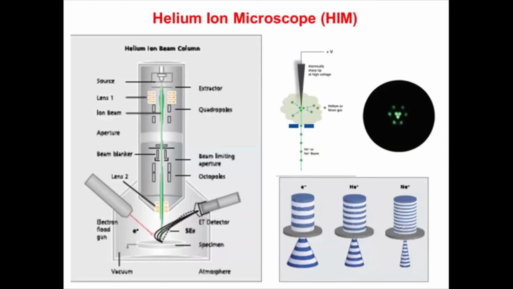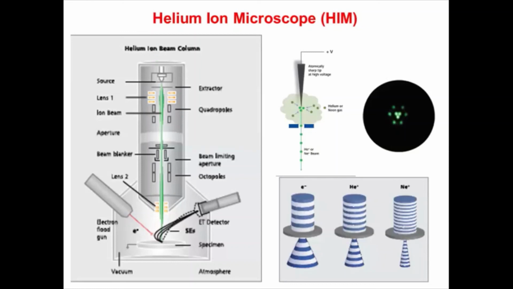That is called the field ion microscope. So what you see here, the 6 atoms in the periphery and 3 atoms in the center are the atoms on the extreme surface of the tip.